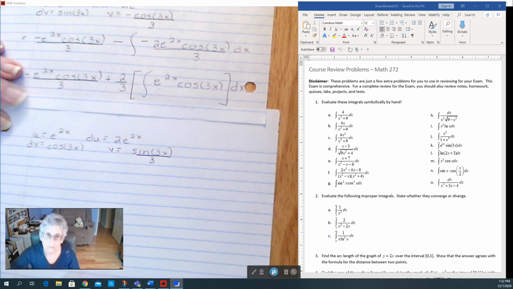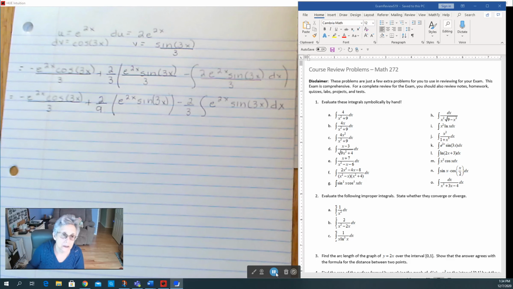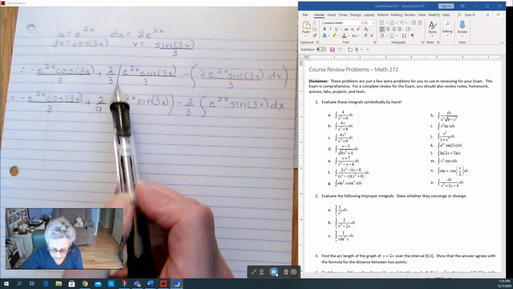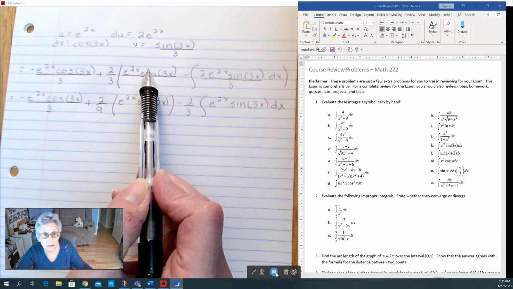So now I'm going to plug all that in and do some simplifying, and we'll meet back here. You do the same thing. So I plugged in u times v minus the integral of v du. I replaced this that was inside those big brackets.